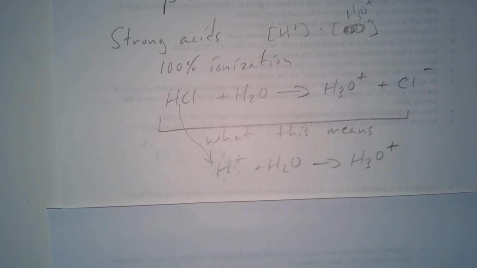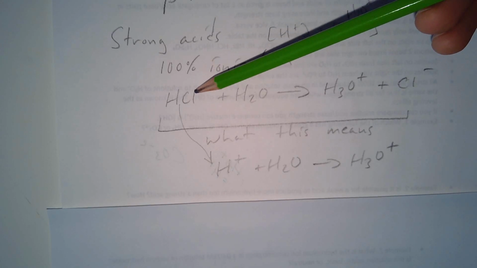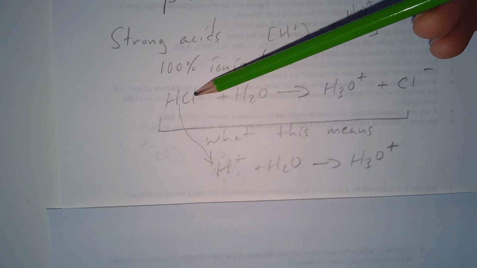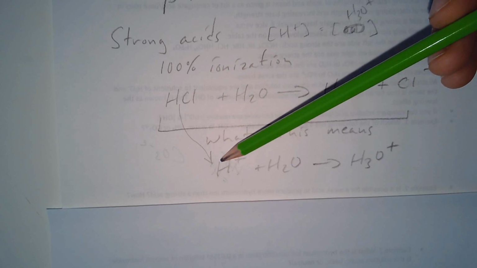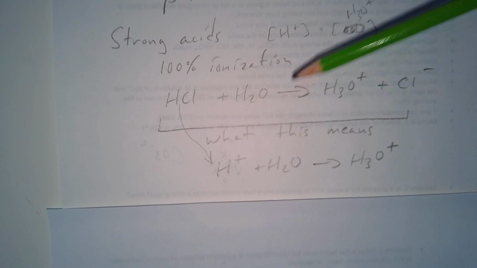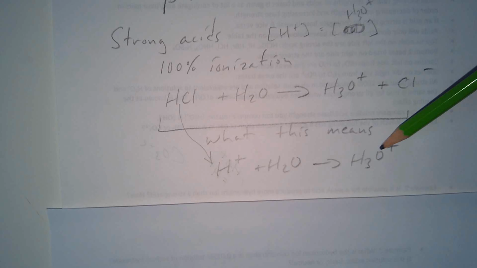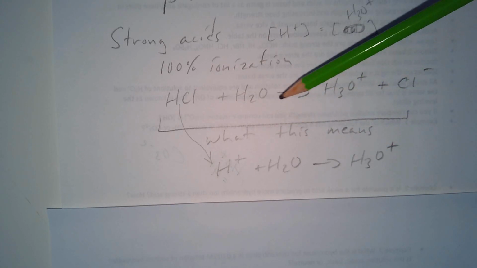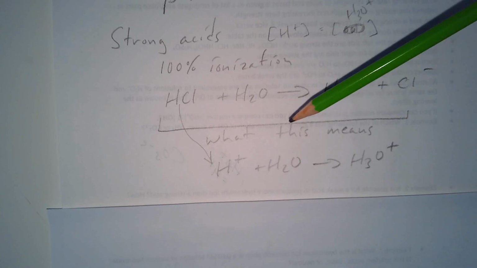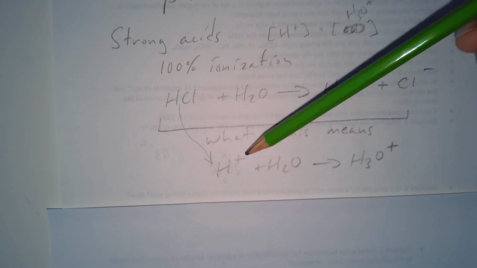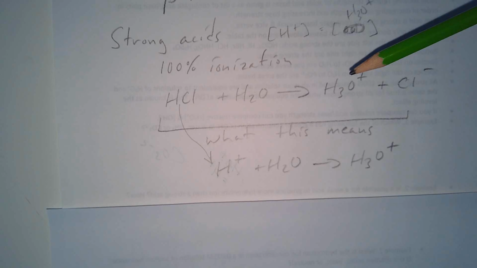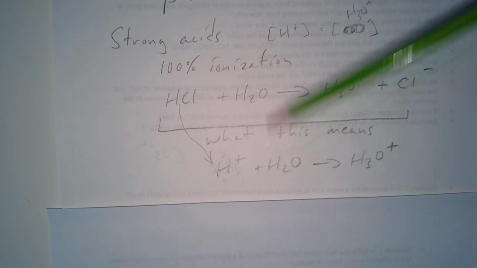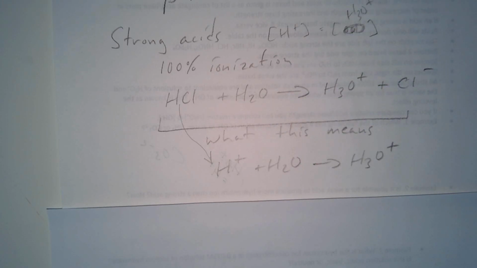The reason you can say that is because if this is a strong acid, all of this is going to be converted to H plus. Okay, and so here's the same water, and then here's your H3O plus. So it's essentially the same reaction. It's just saying that if you're talking about a strong acid, then whatever you're starting with is going to be H plus. So these are basically equivalent reactions.